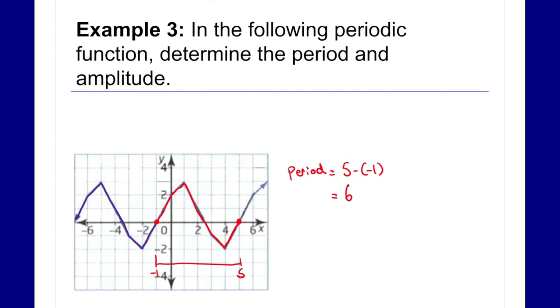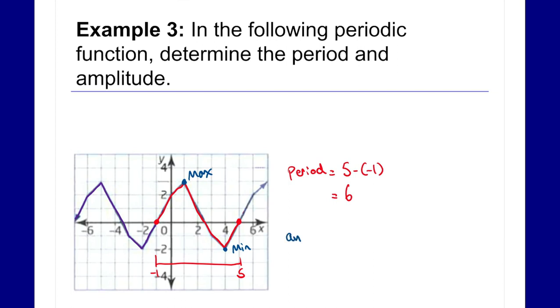For the amplitude, we want the maximum, so I have my maximum here and the minimum. Now it's going to be the same across every cycle, right? So it doesn't really matter where we look, but it should be the overall maximum and the overall minimum.